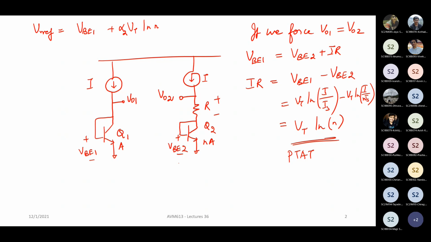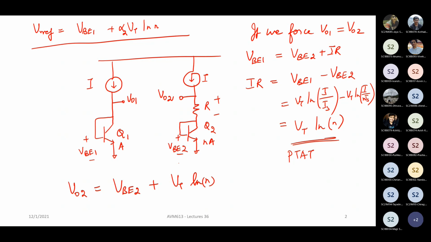So now, if we do this, then what is happening to this VO2? VO2 can be written as VBE2 plus this Vt natural logarithm of n. All right. So what are we having? Basically, we wanted this Vref to be a combination of a VBE and this delta VBE.